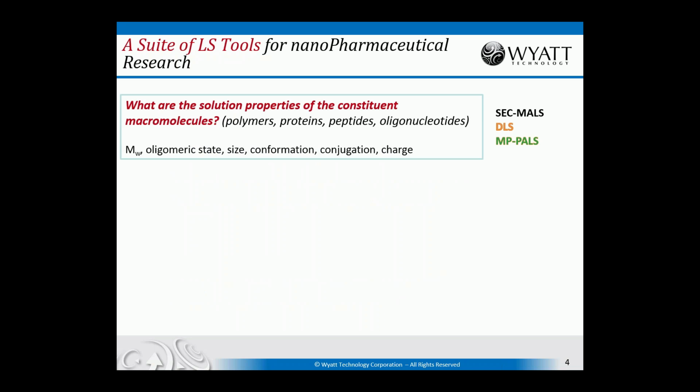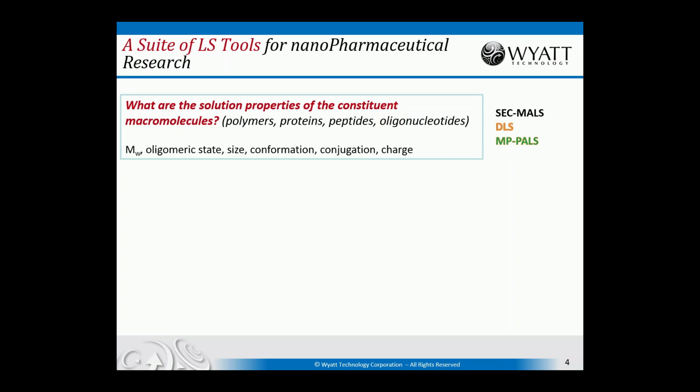For instance, what are the solution properties of the constituent macromolecules, perhaps polymers or proteins, which form the structural aspects of the nanoparticle, the peptides or oligonucleotides, or small molecule drugs which might be the payload or perhaps are immobilized on the surface in order to perform ligand targeting.